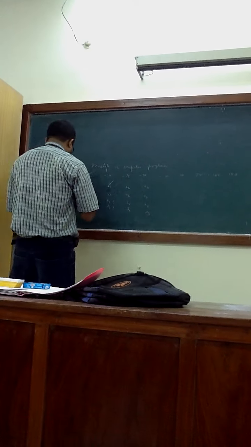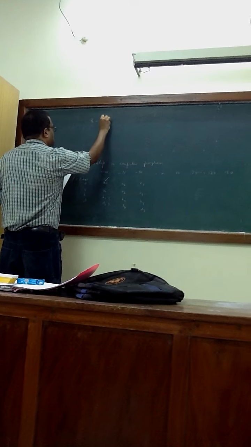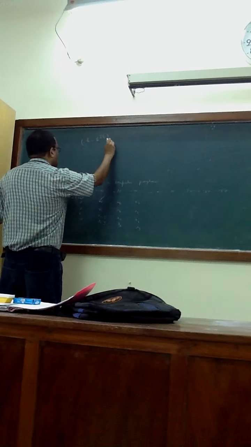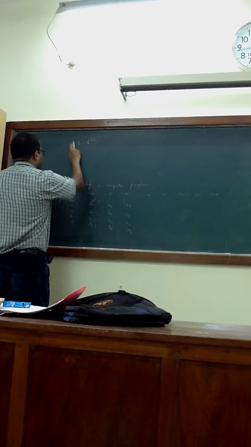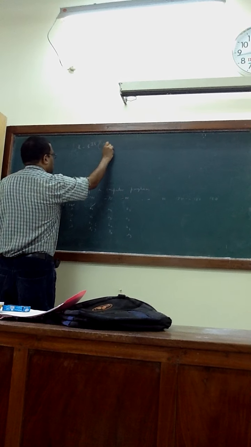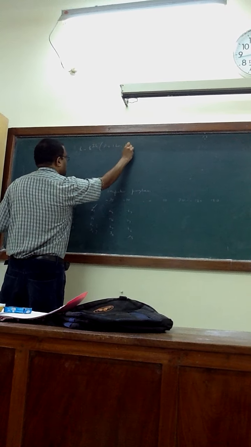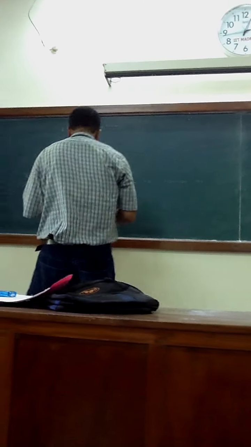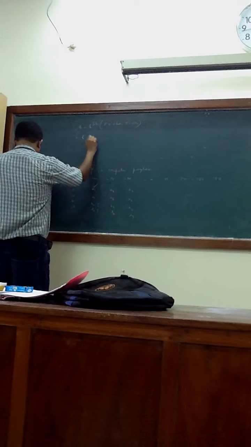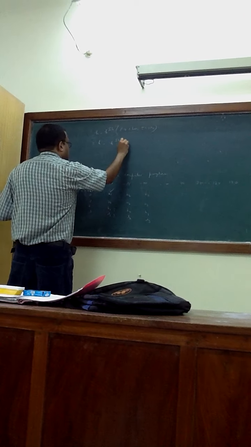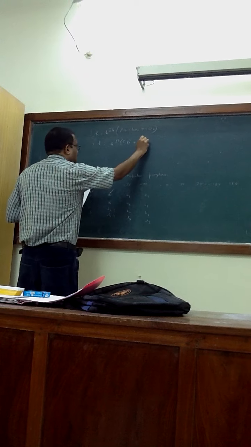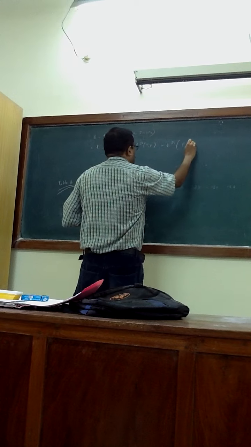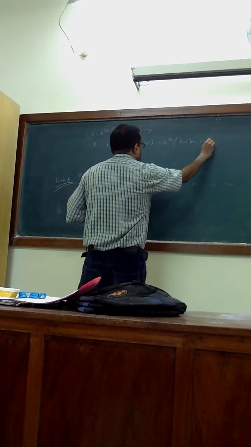We have the departure formula: H minus H^ig at T, P equals H minus H^ig at T, P plus H^ig at T, P minus H^ig at P equals 1 bar, T equals 25 degrees C.